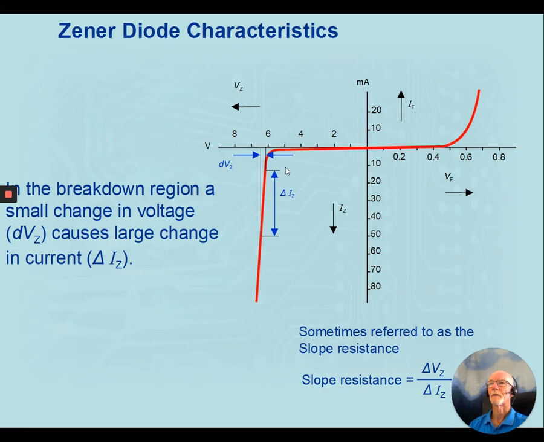And so we have the symbol delta, small letter d and capital D in the Greek alphabet for delta. So little d means a small change. In this case, a small change in the Zener voltage, or reverse voltage, makes a large change in the Zener current.